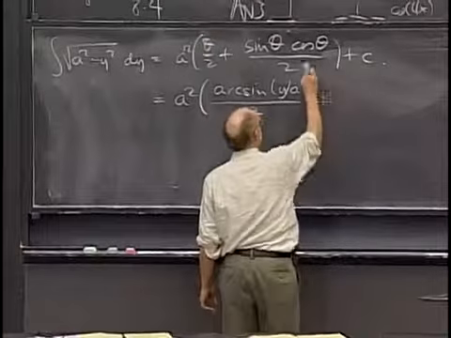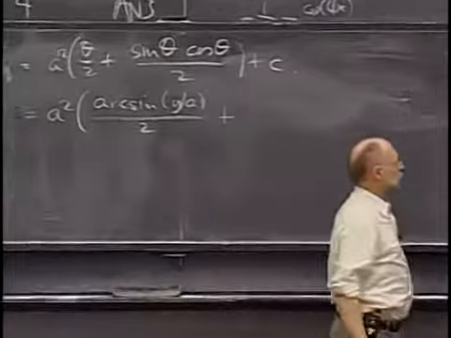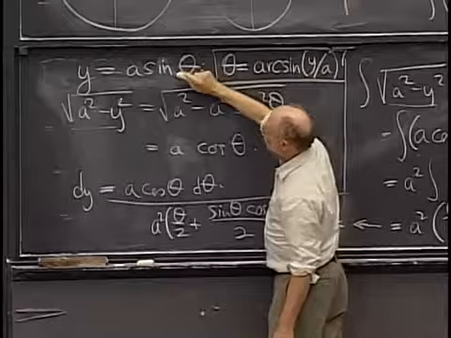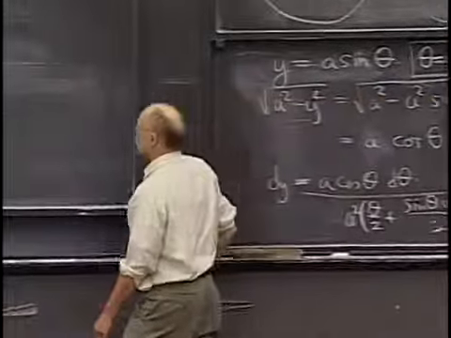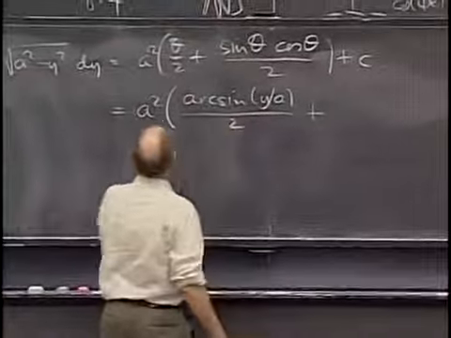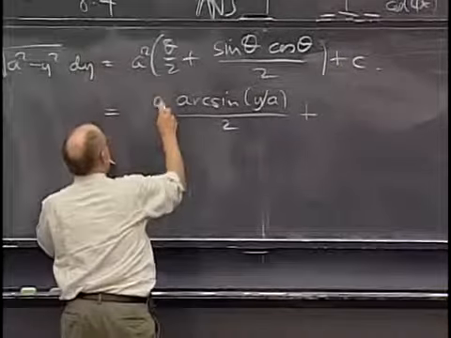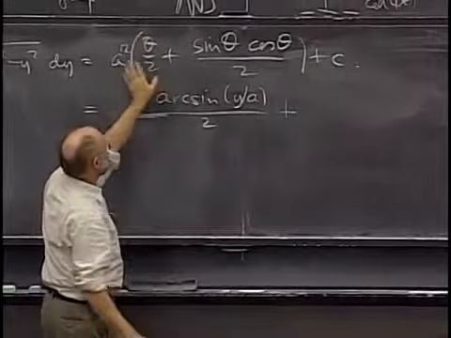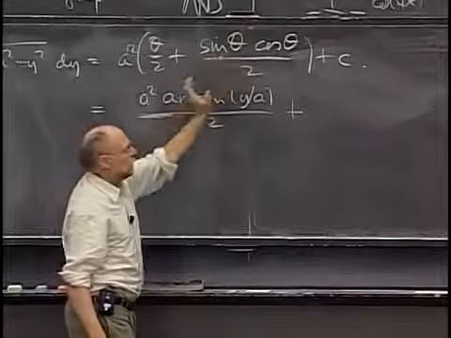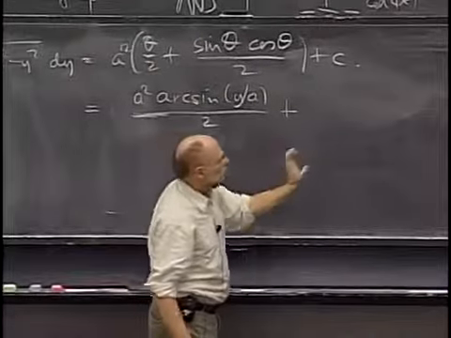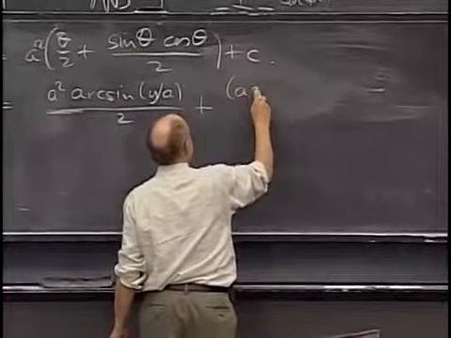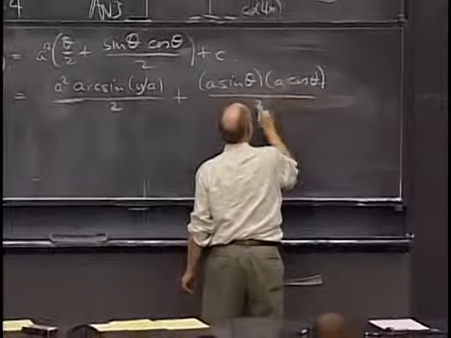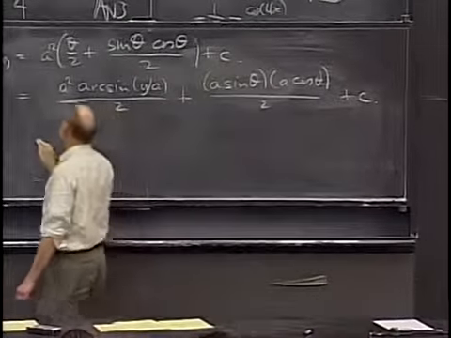What about the other side here? Well, sine and cosine, we knew what they were in terms of y and in terms of x, if you like. Maybe I'll put the a squared inside here. That makes it a little bit nicer. Plus, the other term is a squared sine of theta cosine of theta. So the a times sine of theta is just y. Maybe I'll write this as a sine theta, a cosine theta, over 2 plus c.